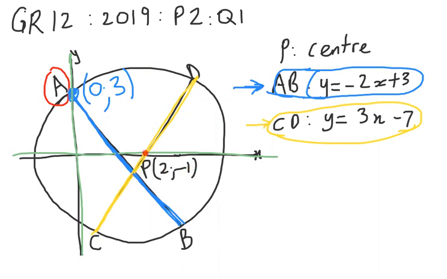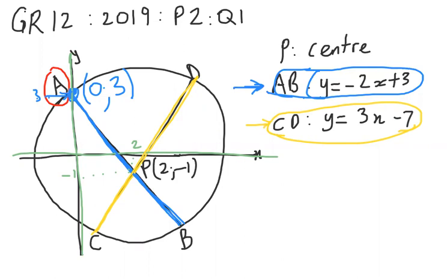So the x is 2. That is minus 1, and if you go up, that would be 2. That would be 3 over there. So that's just how you can visually look at it. So now we have the center point, which is P.